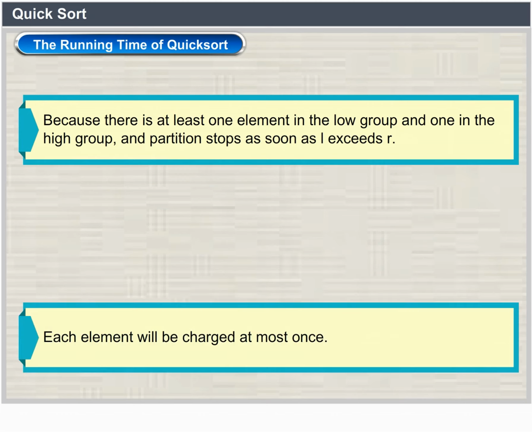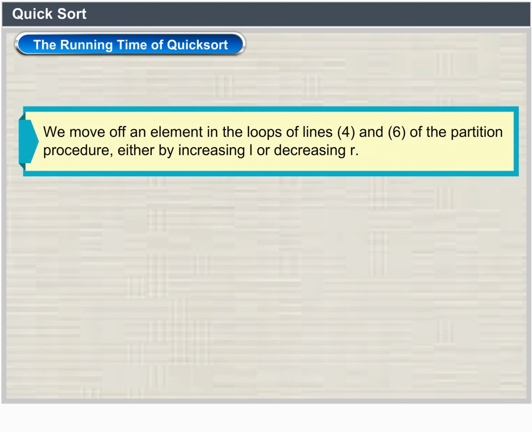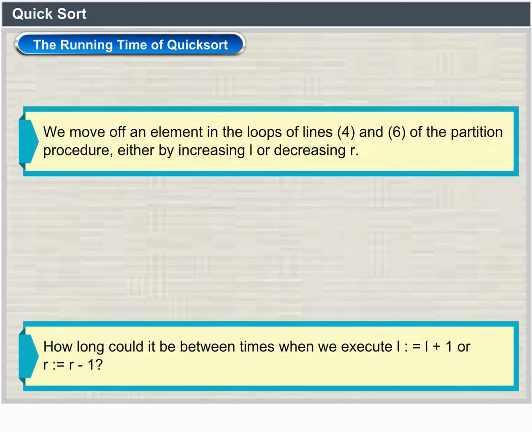We move off an element in the loops of lines 4 and 6 of the partition procedure, either by increasing L or decreasing R. How long would it be between times when we execute L equals L plus 1 or R equals R minus 1?